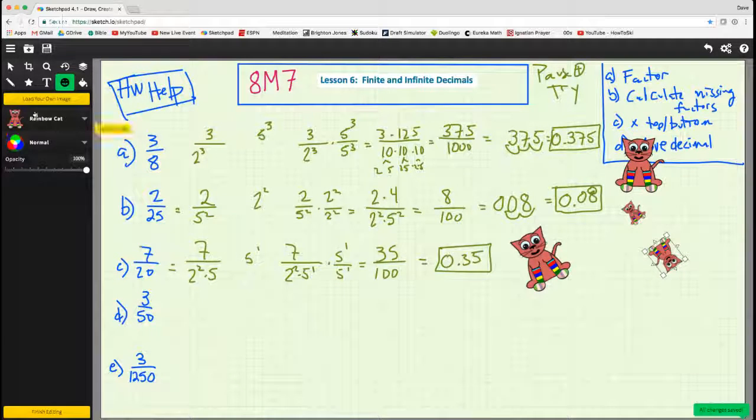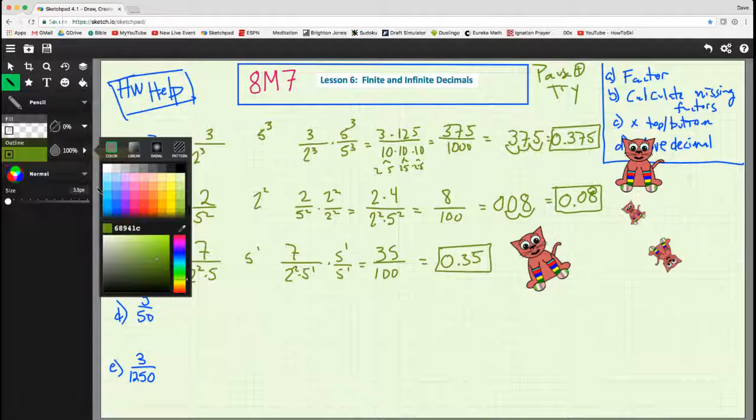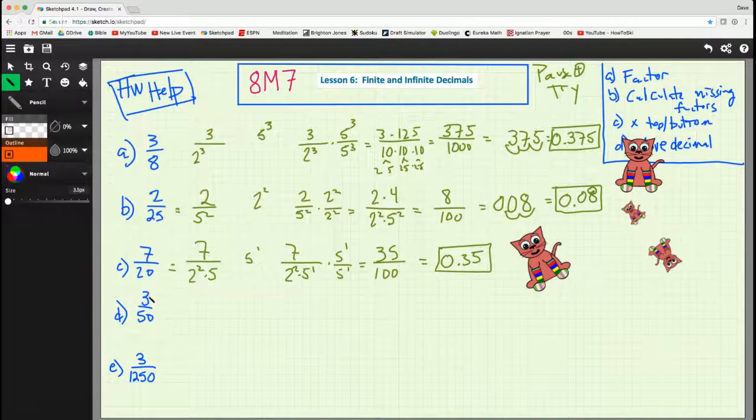Okay, 3 over 50. Let's switch colors just because we can. 3 over 50 is equal to 3 over 2 times 5 squared. Our missing number is 2 to the first. So we got 3 over 2 to the first times 5 squared times 2 to the first over 2 to the first.